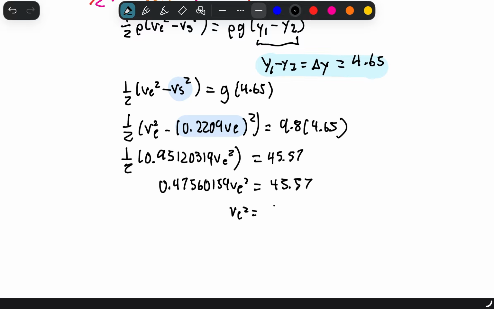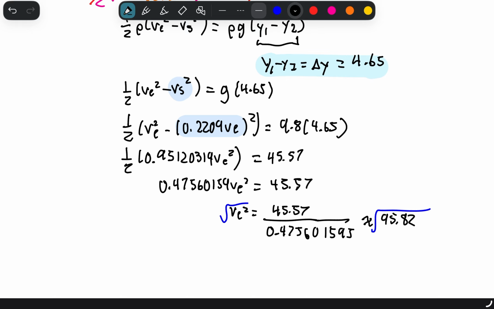Ve squared is equal to 45.57 over 0.475601595, and this would be approximately 95.82. Then you would just take the root of both sides and you would get V exit is equal to 9.79 meters per second. If you wanted to avoid all this, you could have just rearranged this formula first before you substituted it in, and solved for Ve first. But we've done this one.